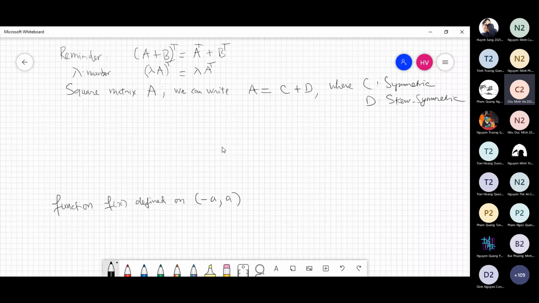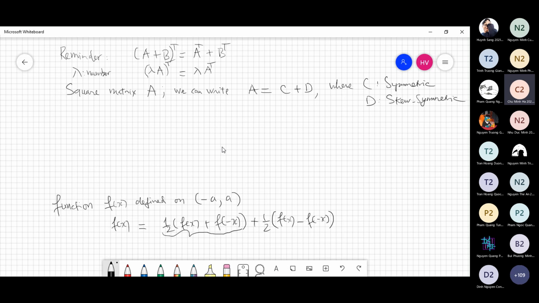Do you remember that exercise? As follows. You write 1/2 of f(x) plus f(minus x), plus 1/2 of f(x) minus f(minus x). You obtain here plus, here minus, so it disappears. The remaining is 1/2 f(x) plus 1/2 f(x), which is clearly f(x). But you can easily check this function is an even function, and this function is an odd function.